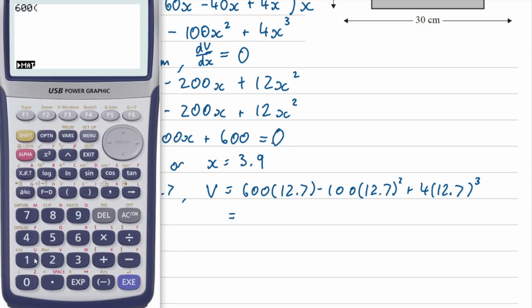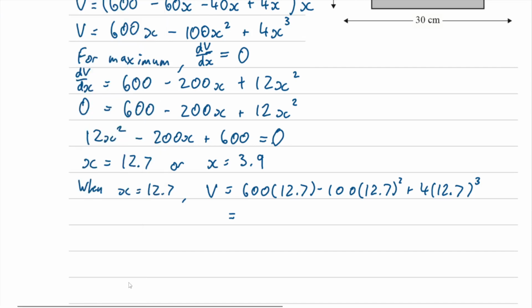So 600 times 12.7 minus 100 times 12.7 squared, plus 4 times 12.7 cubed, minus 315.5 centimeters cubed. Alright, interesting. That's not looking too good.